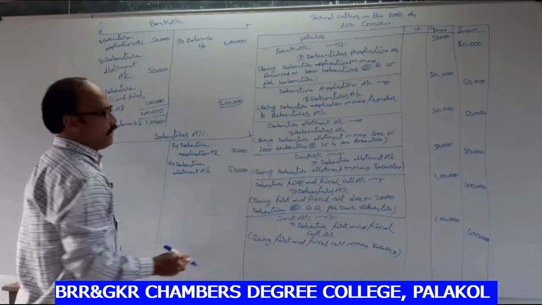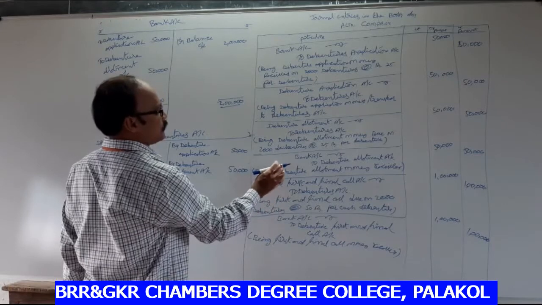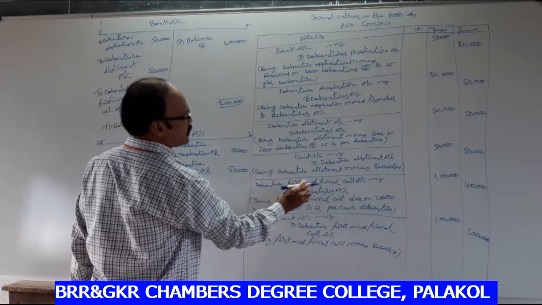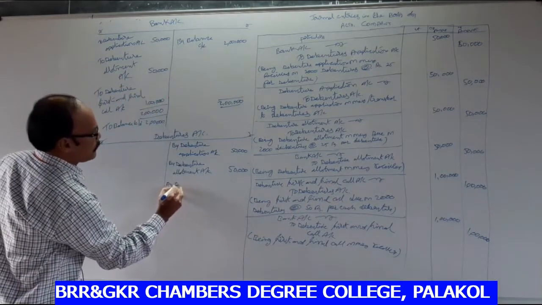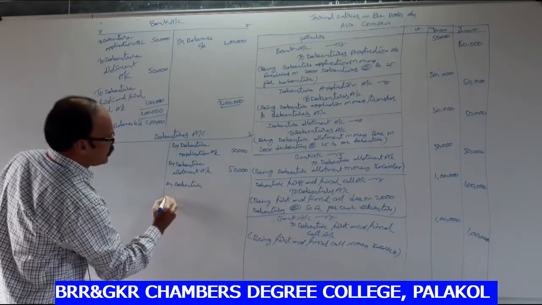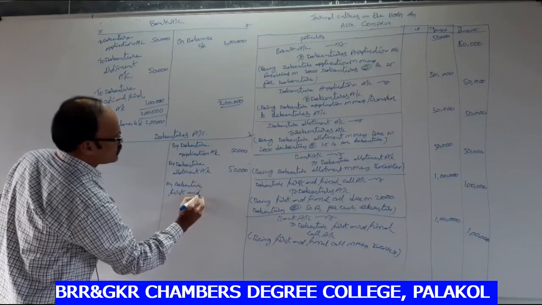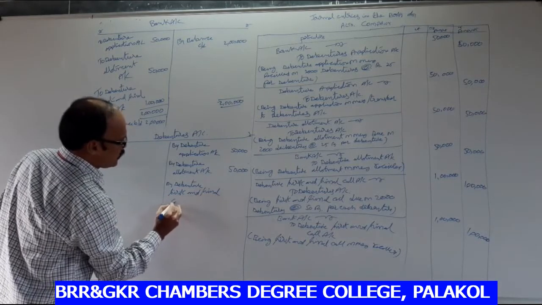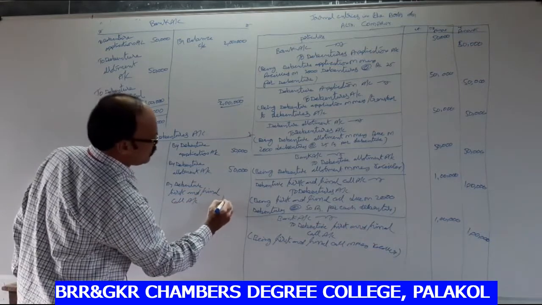Third general entry, that means third, fourth, fifth general entry, debenture first and final call account debit to debentures account. By debenture first and final call account, how much? 1 lakh.